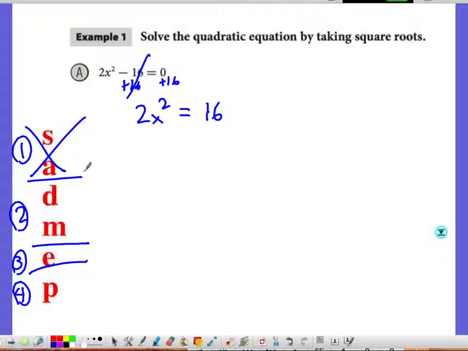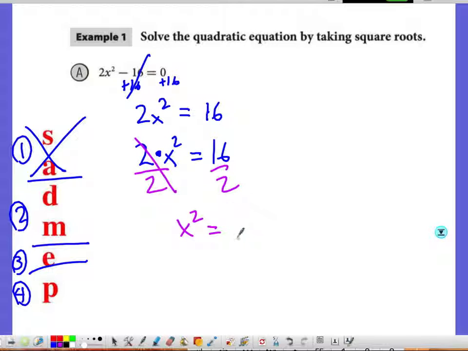That takes care of addition or subtraction. Now, do I have any multiplication or division? Well, here I have 2 times x squared equals 16. So what I want to do is do the inverse of multiplying by 2, which is to divide by 2. And so what I have is x squared is equal to 16 divided by 2, which is 8.